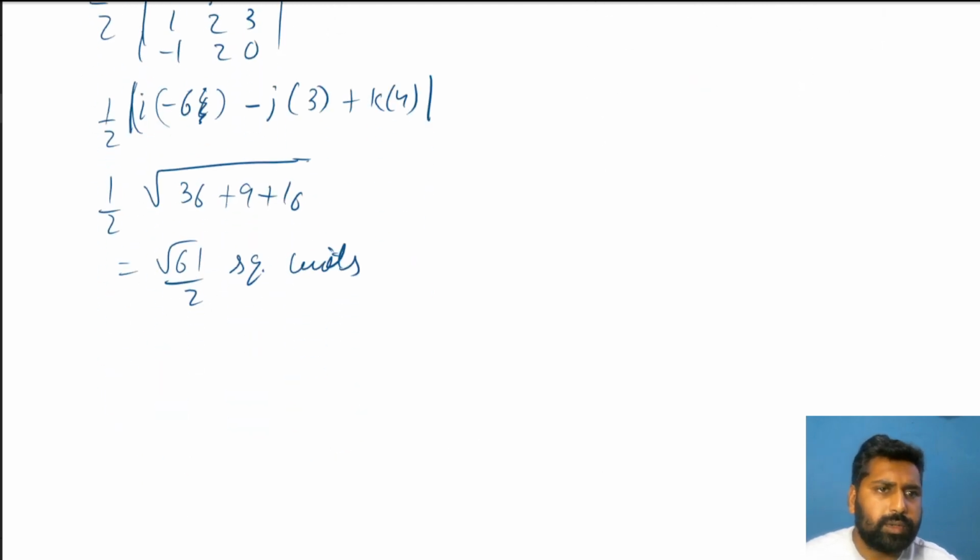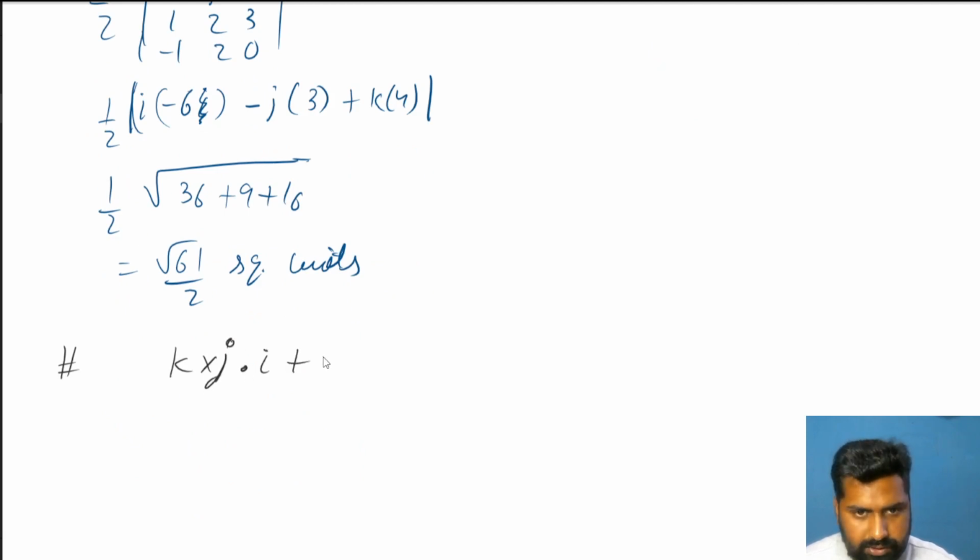Alright, let's look at another question. This is a pretty easy question, straightforward. The question says you have to do k cross j dot i plus j cross k. So dot and cross product both are involved, but let's do the cross first.